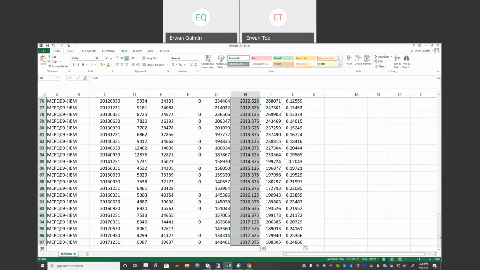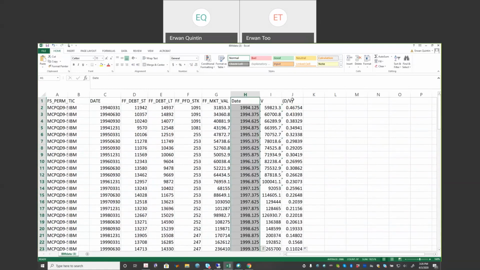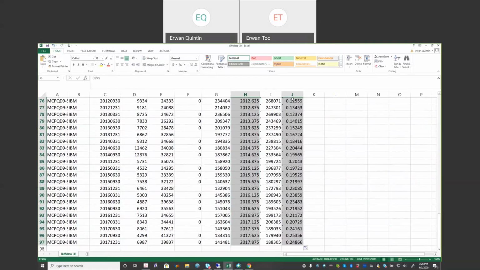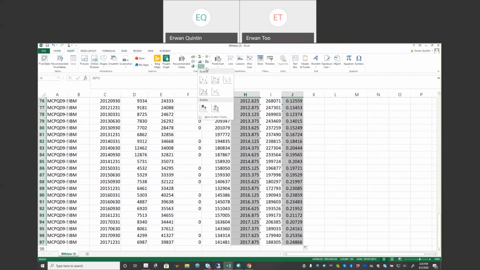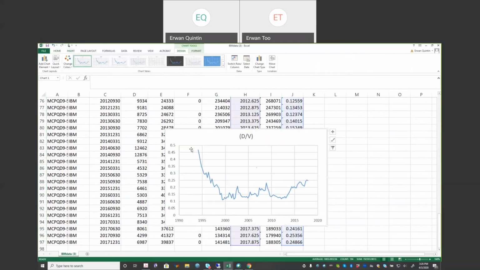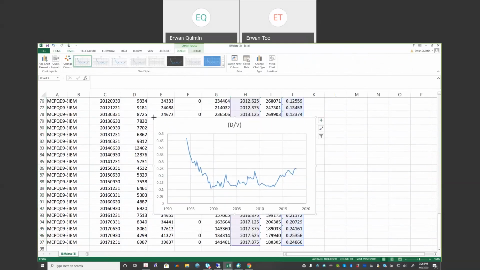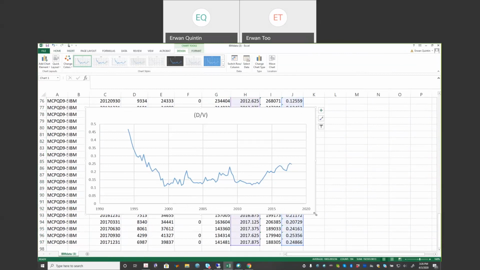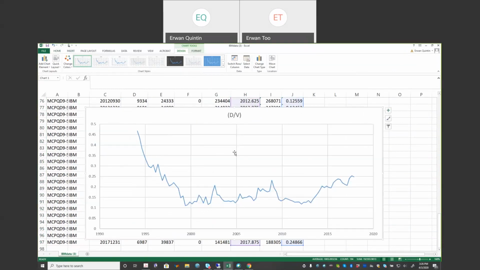Anyway, we're going to fill all those data, which means now that, for instance, one thing that I can do, that's the sense in which it's very Excel friendly, is plot my leverage ratio against my date, and I'm going to insert a scatter. And what we see here is exactly the chart that you saw on my PowerPoint. This is IBM's leverage ratio, which we just computed.